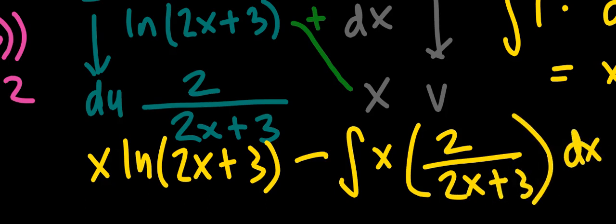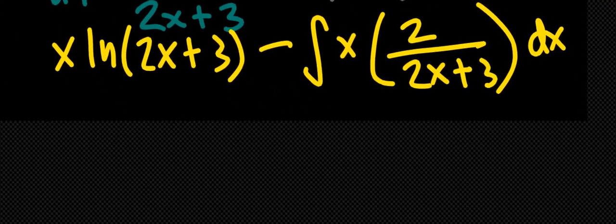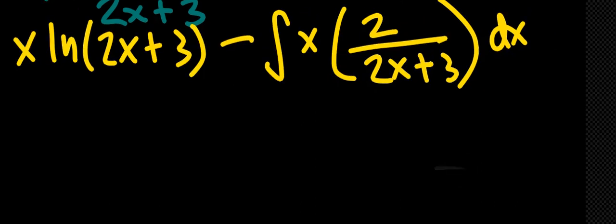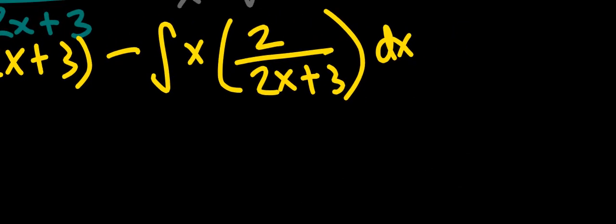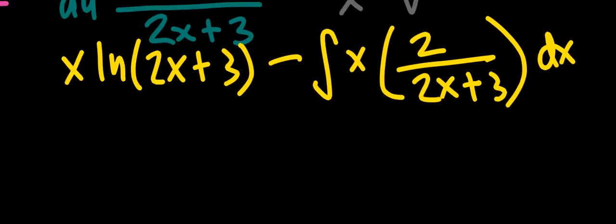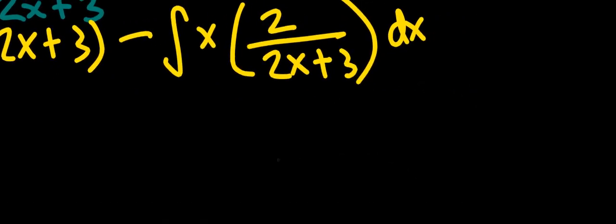And this is equivalent to what we started off with, which was the integral of ln of 2x plus 3 dx. Now we know how to solve this integral. We did not know how to solve that other integral. That's why we needed to use IBP, integration by parts. But we know how to solve this integral.